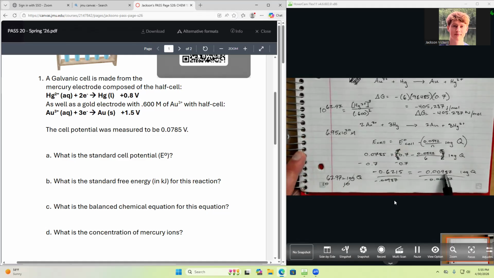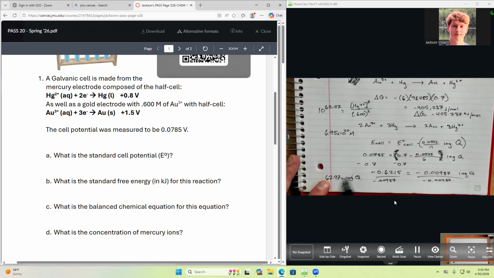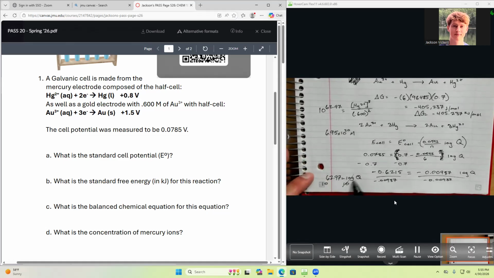That's 0.00987, multiplied by log Q. So we're dividing this whole thing on both sides. We're good there. Okay, so then from there, 62.97 was what we got from this. That's equal to log Q, so we did base 10 to cancel out the log. Is that okay?